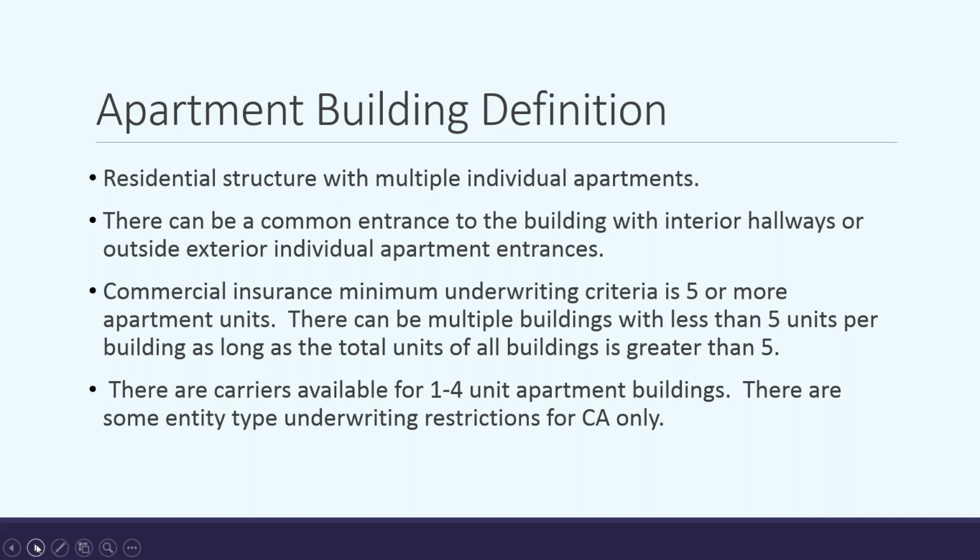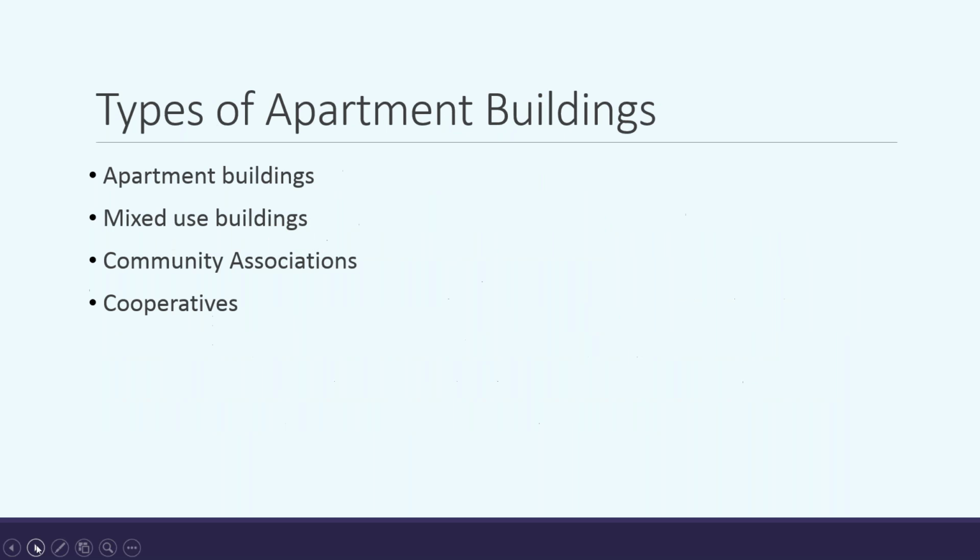They can definitely write LLCs and corporations, but it's the personal insureds, the individual trying to insure the 1 through 4, where it gets trickier in California, because they have to offer the earthquake. There are carriers that can do it, and you're going to want to talk to Michelle if you have a situation like that where it's an individual name. Okay, so that gives you a little bit of information about definition.